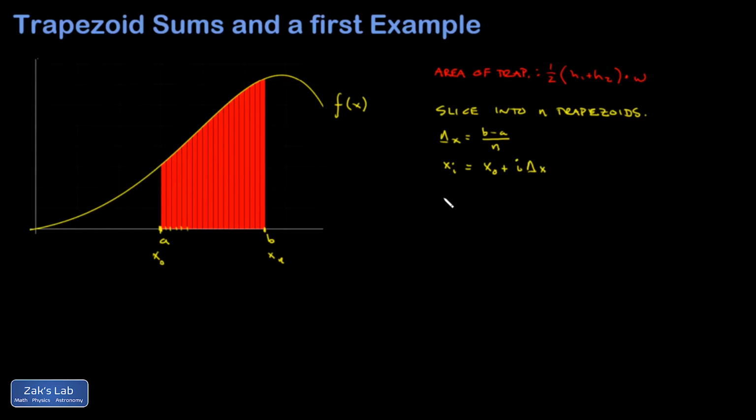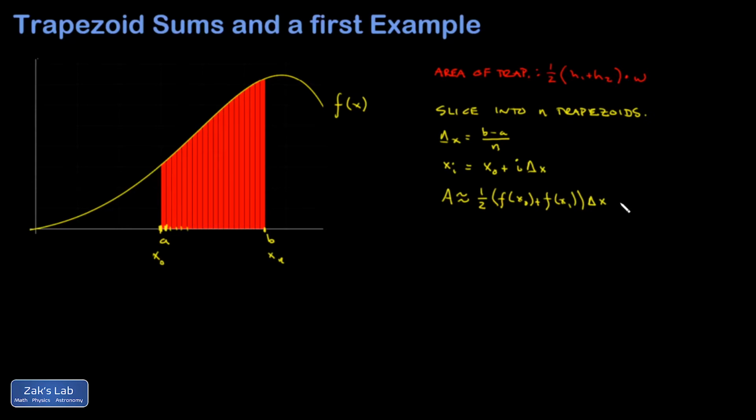Okay, then I can write down my approximate area, and I'm going to do this in expanded form. The area of my first trapezoid is going to be the average of the heights at the left and right sides of the subinterval. So I'm going to have 1/2 f of x0 plus f of x1, and then multiply by the width.